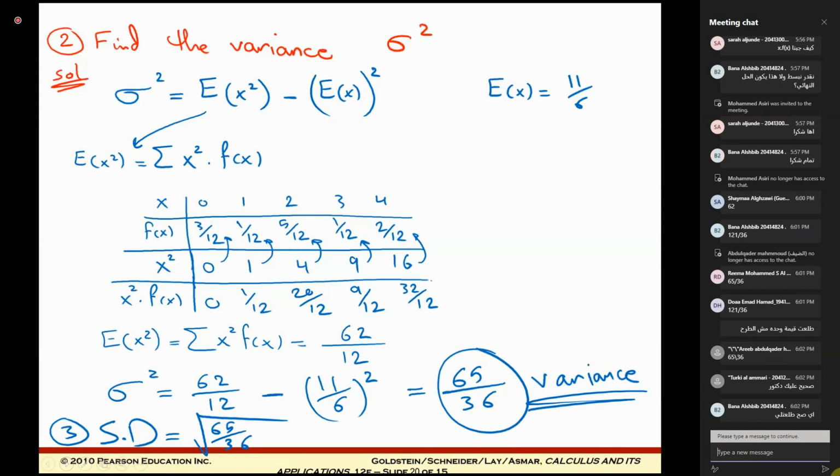Now another example, if we need to find the expected value and the variance for continuous. Let f of x equal 1 over 4 minus 2x, and x between 0 and 2.